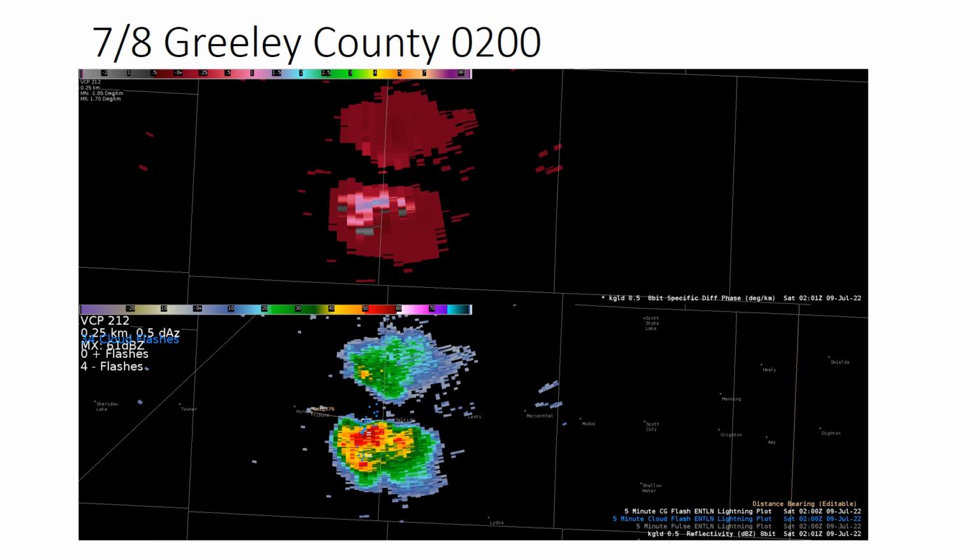So that is again another good example of the Custer et al. paper working to help us gain lead time with any potential downbursts occurring.